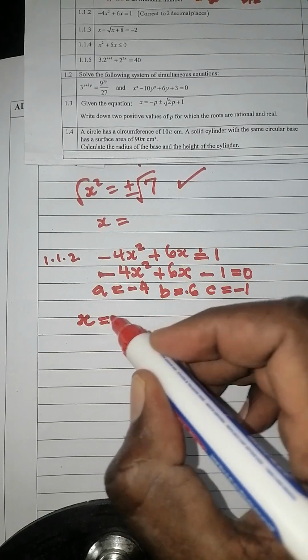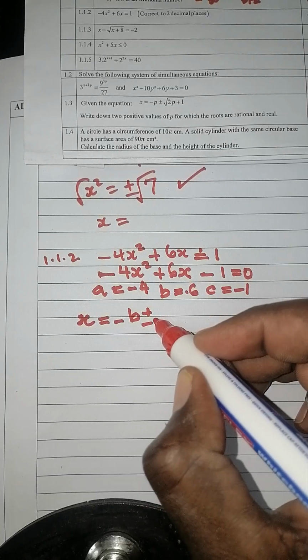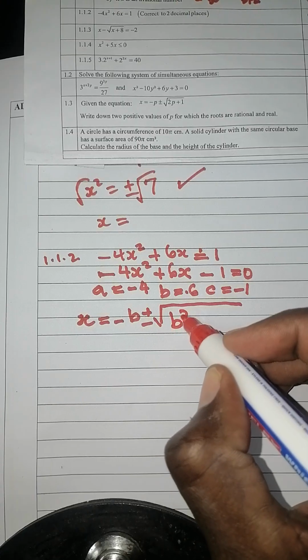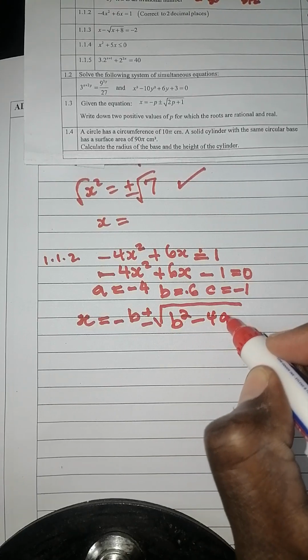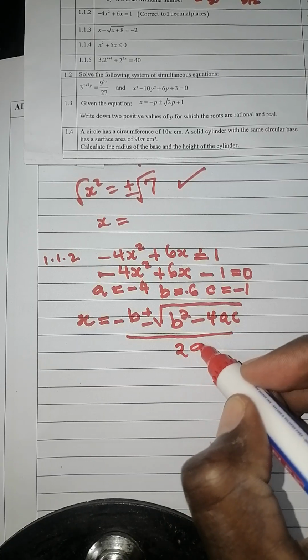You say x is equal to minus b plus or minus the square root of b squared minus 4ac, over 2a.